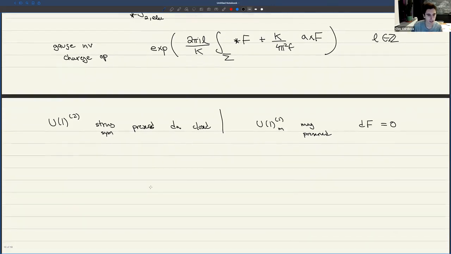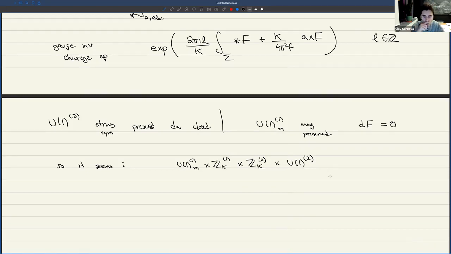Okay, so we've learned that this axion Maxwell theory seems to have the following symmetry: this U1, 1 magnetic, ZK, 1 electric, ZK, 0 shift symmetry, and U1, 2 string symmetry.